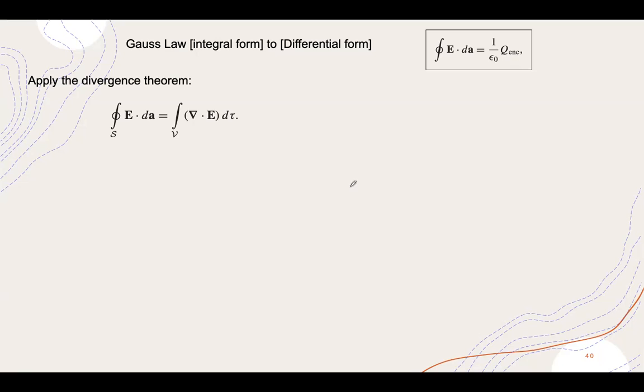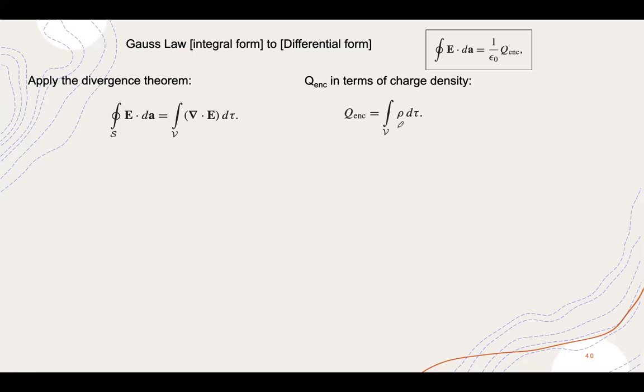And Q enclosed by epsilon naught, as I showed before, can be written in terms of the charge density. If you have a volume representation, then you can use rho. Just to note, for a linear distribution it could be lambda times dx or dl, and if it is a surface, then it is sigma times dA.